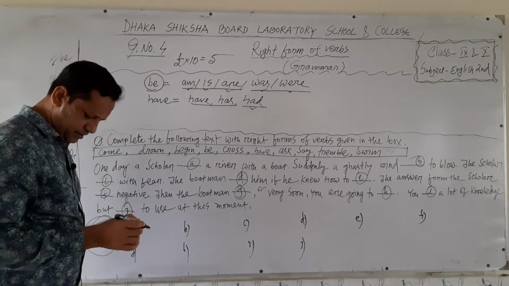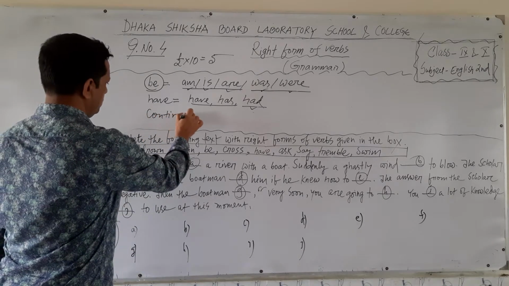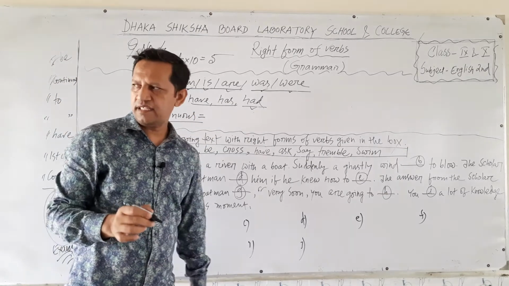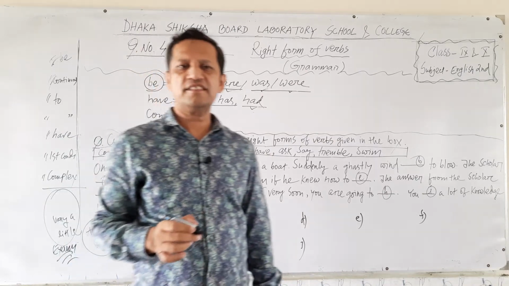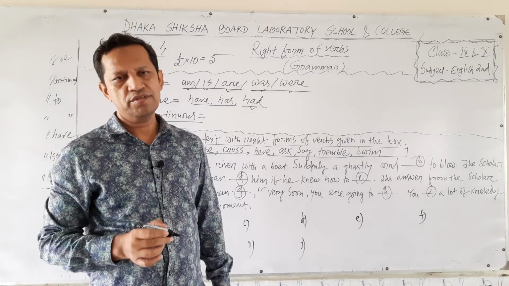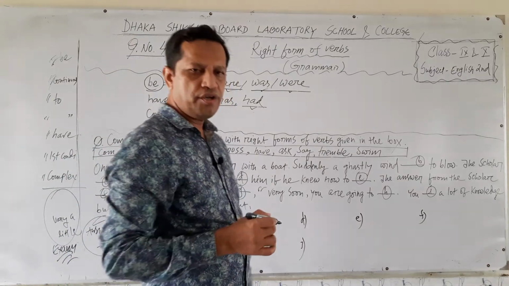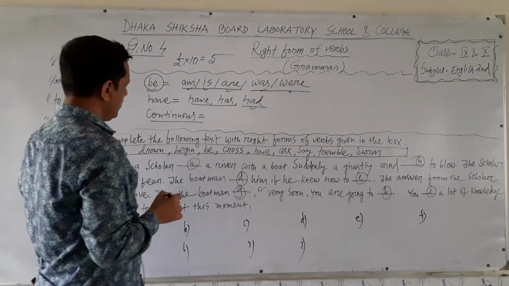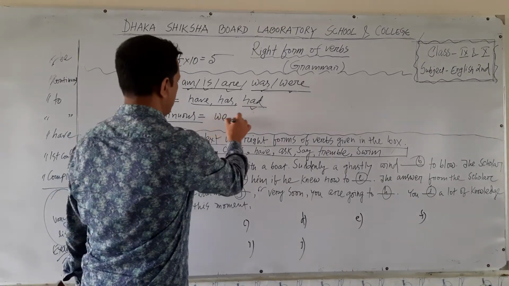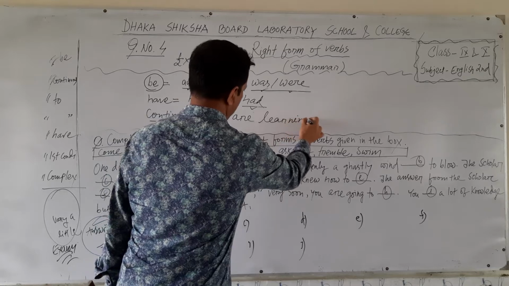If the sentence is continuous, you know that there are three continuous tenses: present continuous, past continuous and future continuous. If you like to make a sentence using continuous, for example, we are learning English.